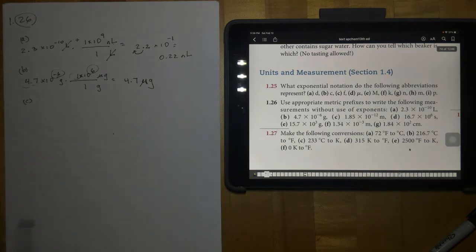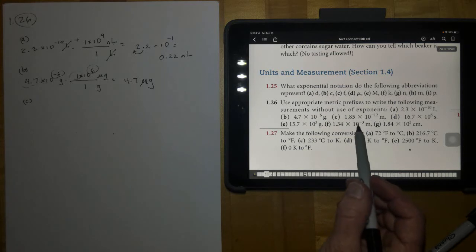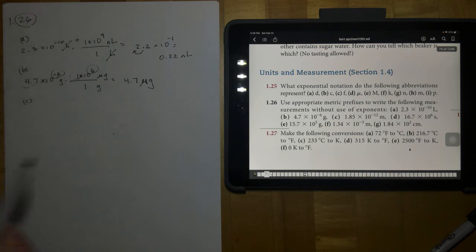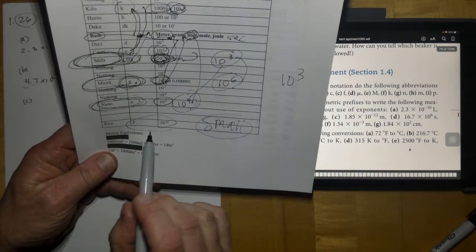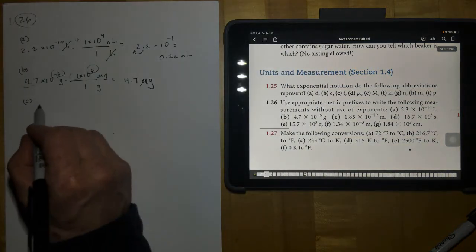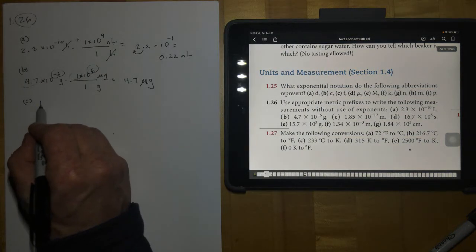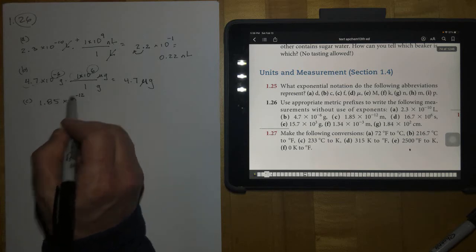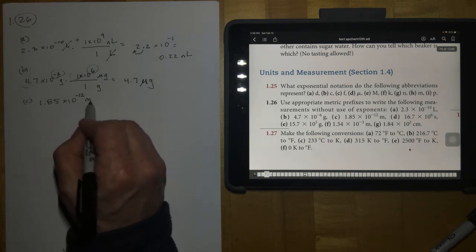Letter C. This is 1.85 times 10 to the negative 12th meters. So times 10 to the negative 12th is a pico, so it would probably be best to express it in picometers right here. And so rewriting this is 1.85 times 10 to the negative 12th, and that's in meters.